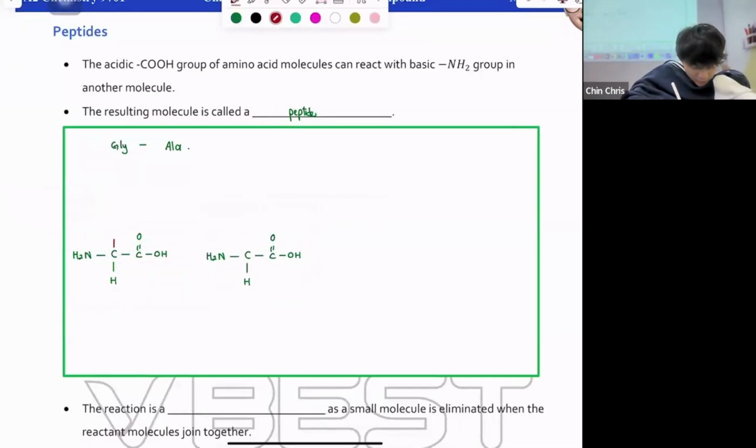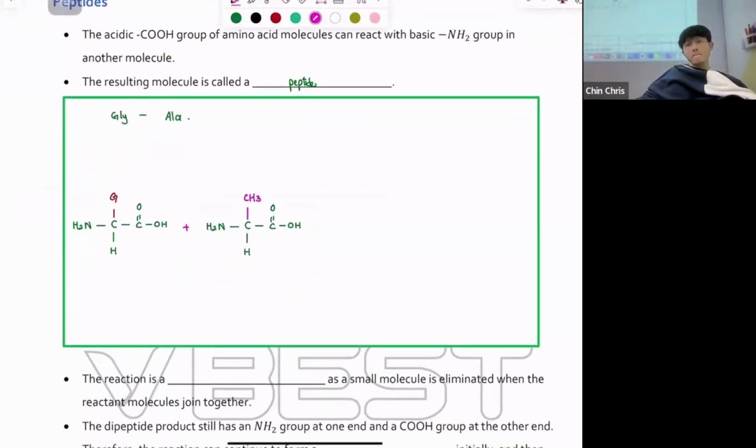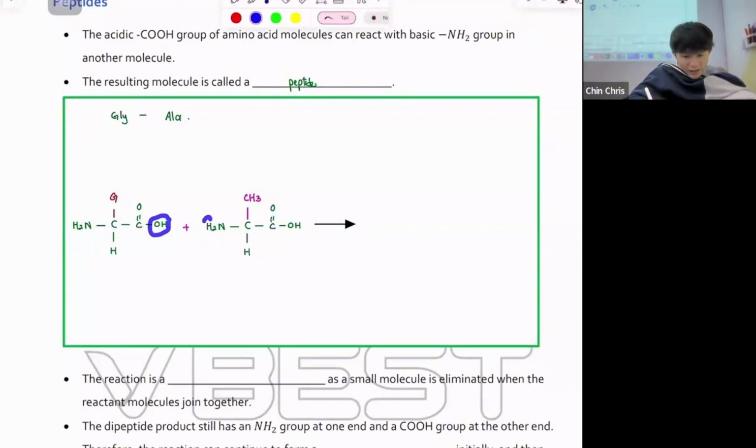So glycine added with Ala. And now guys, please combine them. So you see, when you're combining them, OH and the H will be gone.